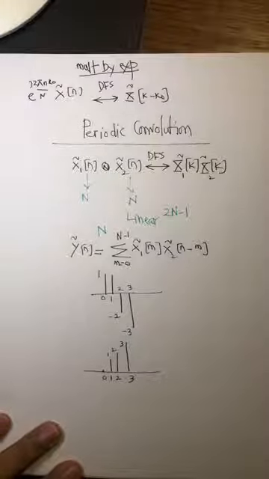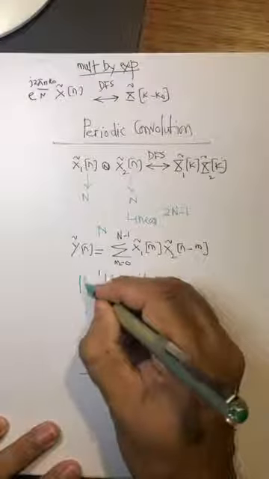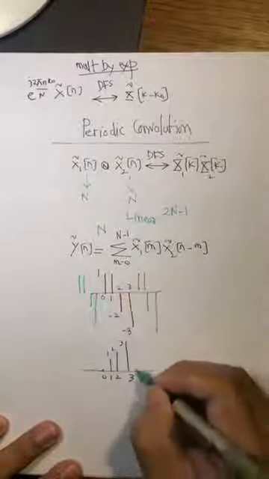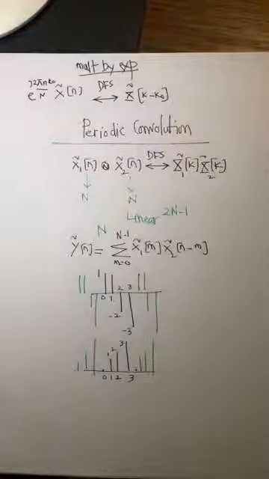Periodic means that it is repeating itself. This is what periodic means.